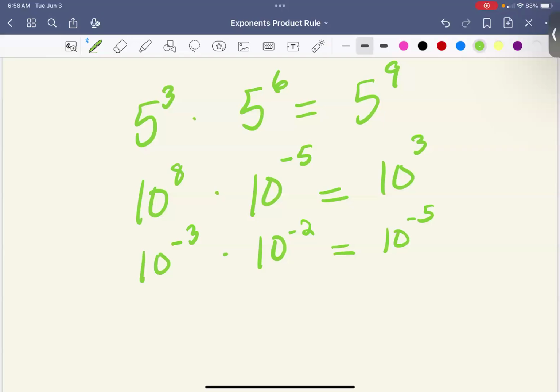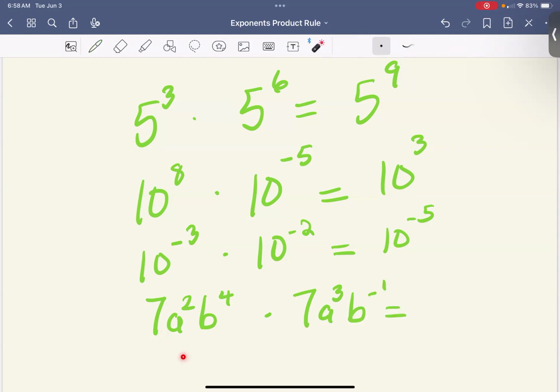Let's say we have 7a squared b to the fourth times 7a to the third b to the negative 1. So let's take a look.